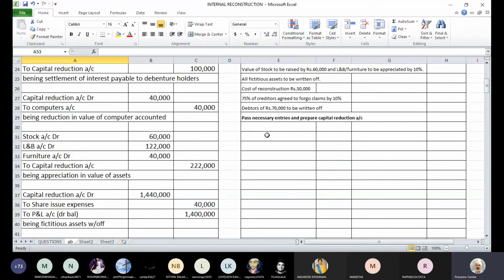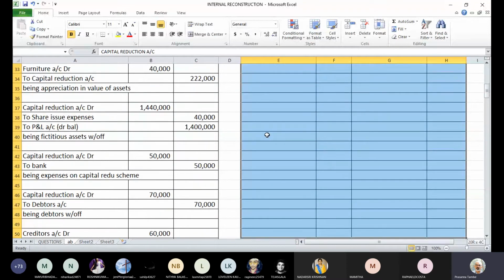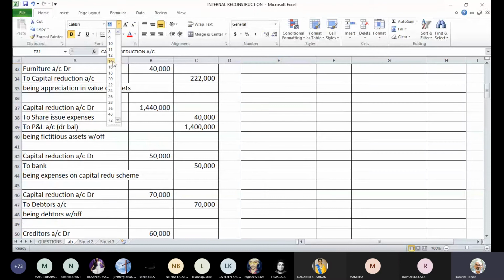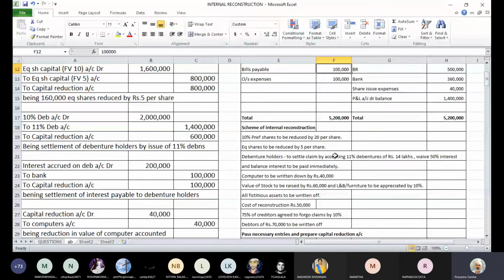So let us prepare capital reduction account. We'll start posting these entries one by one.